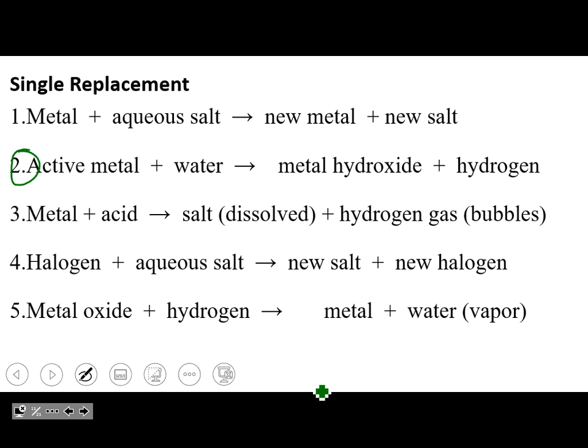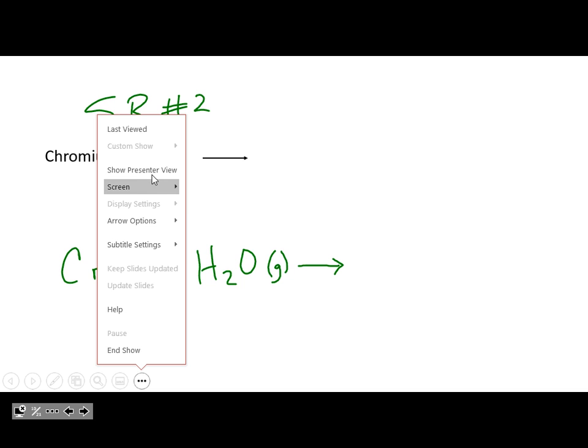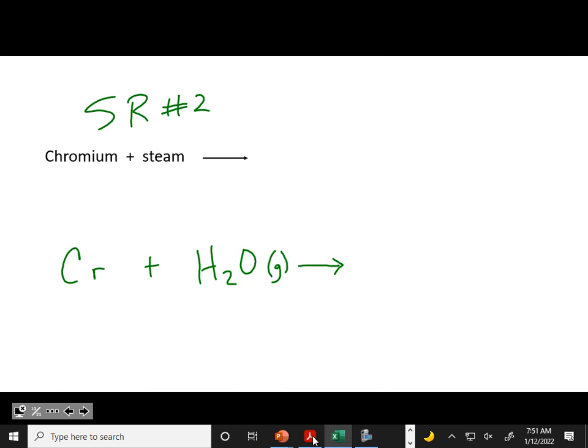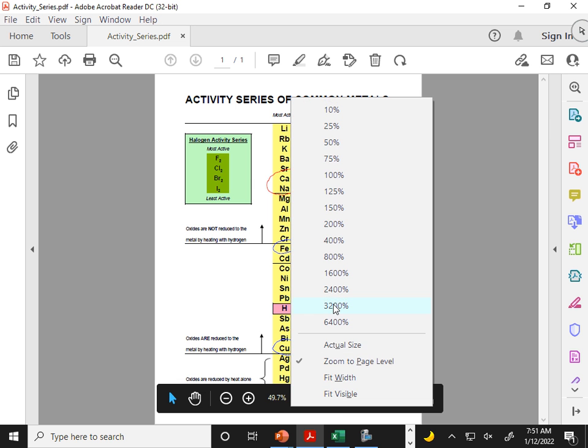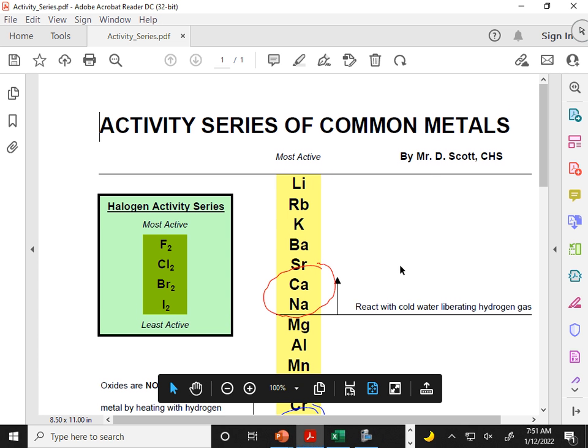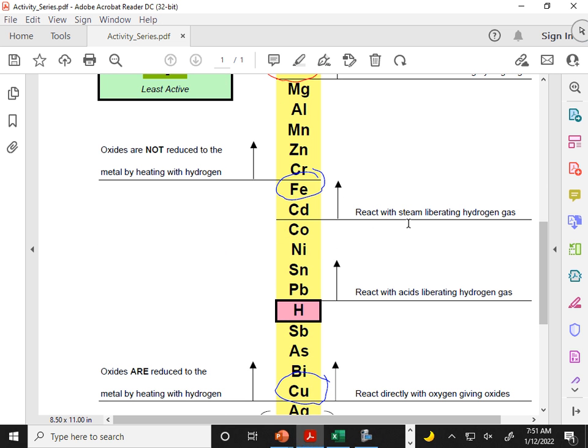So, even though it's steam, it's still water, right? So this is going to be a single replacement number 2. Now, on my single replacement number 2, once again, I need to go back to my activity series. And if I make this a little bit bigger, so you folks can see it a little better, reacts with steam, liberating hydrogen gas.